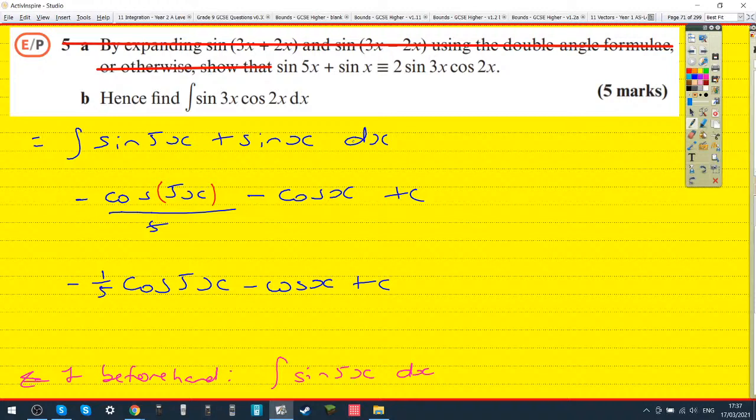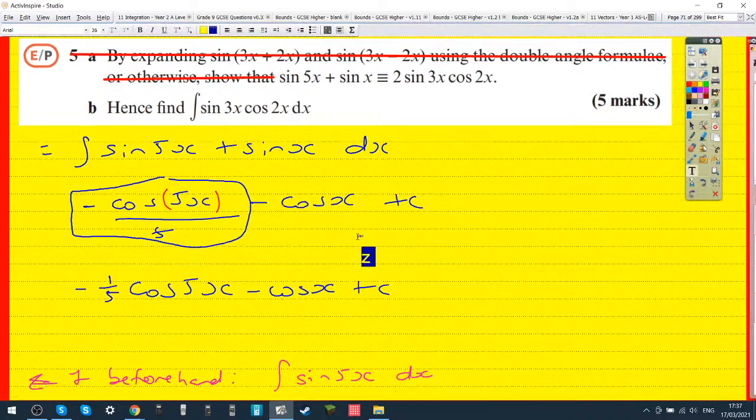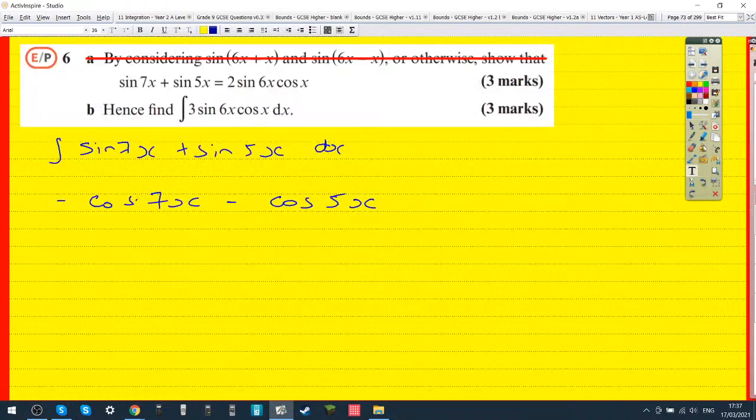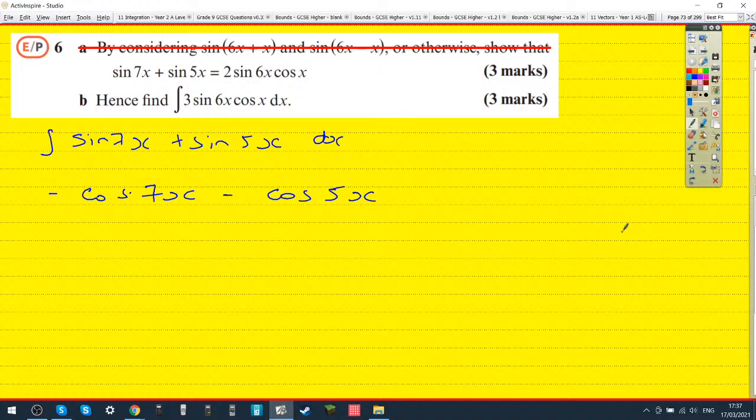Minus cos 5x. Does this say minus cos 5x? Over 5. Yes, divide by 5. So here you had to integrate.